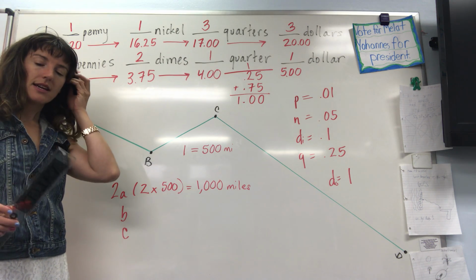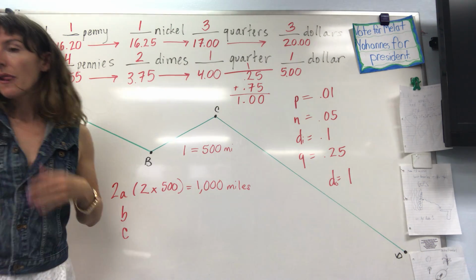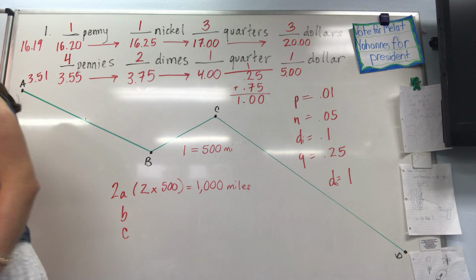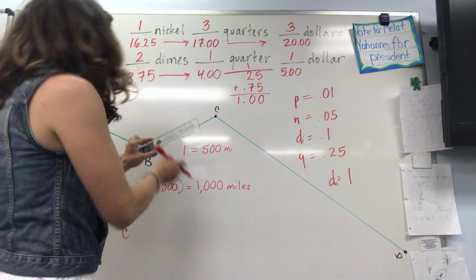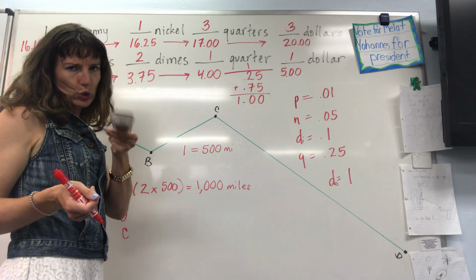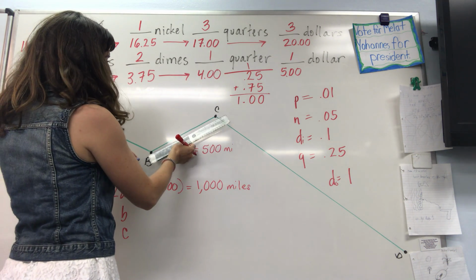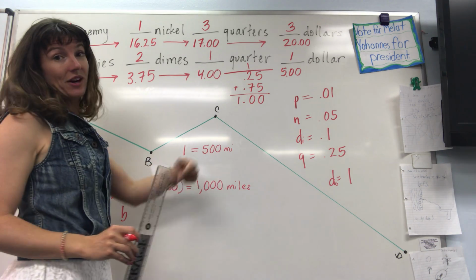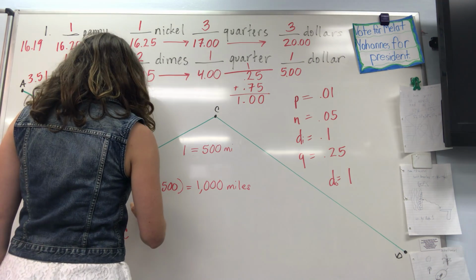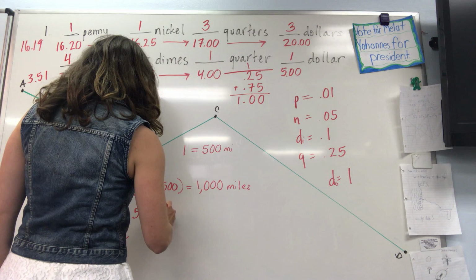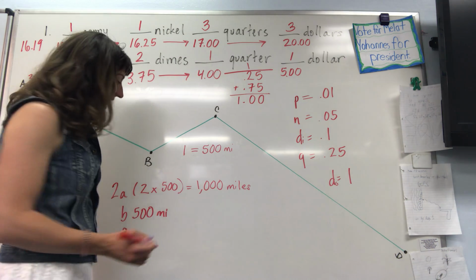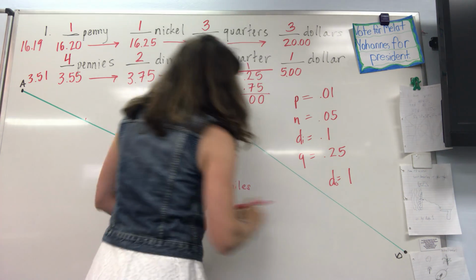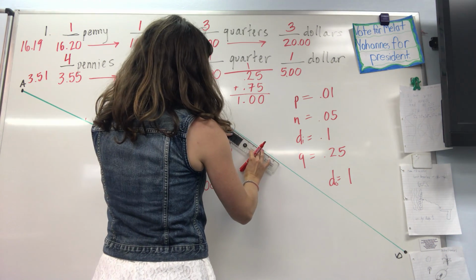All right? Now they want to know from B to C. I take my ruler and you take your ruler too. B to C is 1. 1 equals 500 miles, okay? And last one, C to D. I take my ruler.